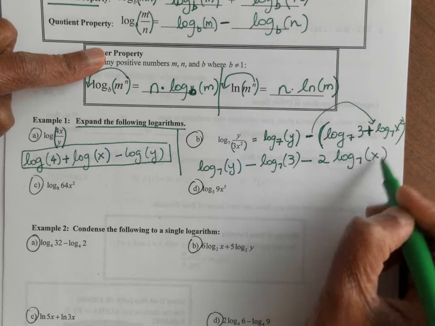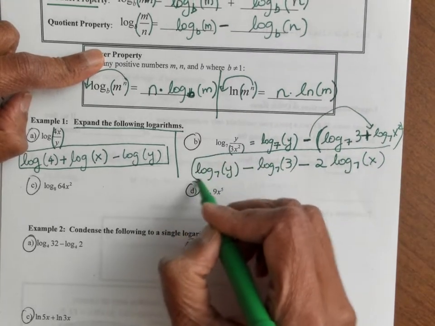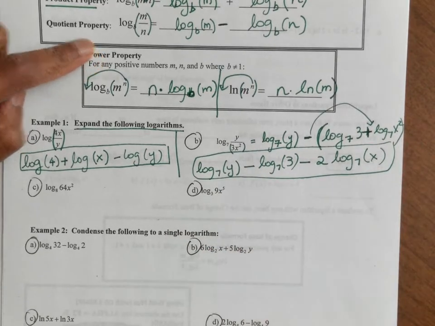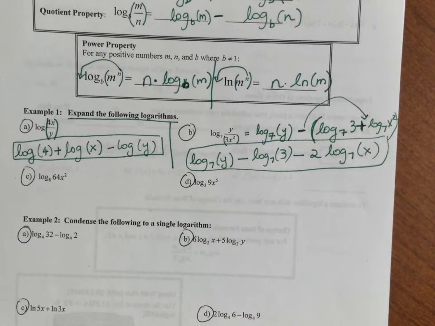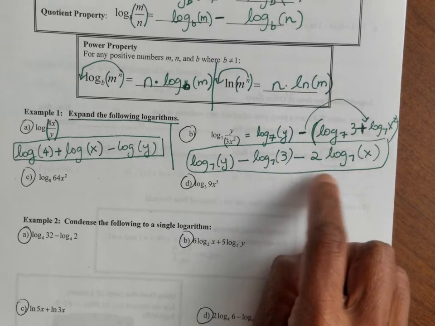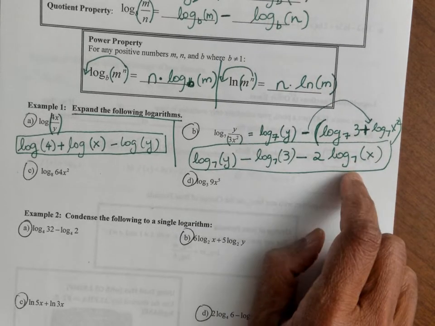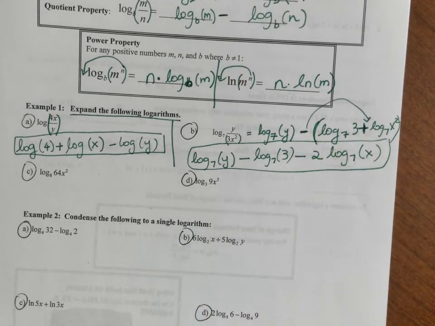This is your final expansion, which you could have done in this first step itself, but I just want to make sure that you understood why the second term is also subtraction, because it's in the denominator, and the 2 should be moving to the front because of the power property.